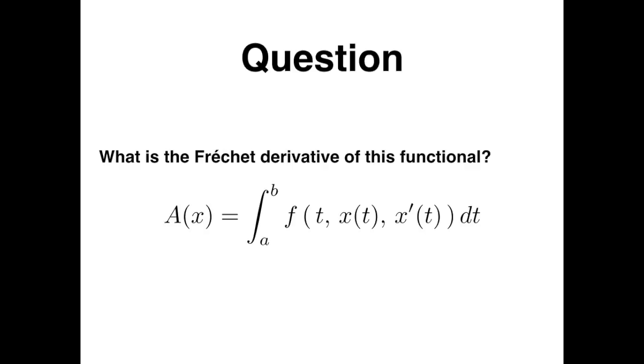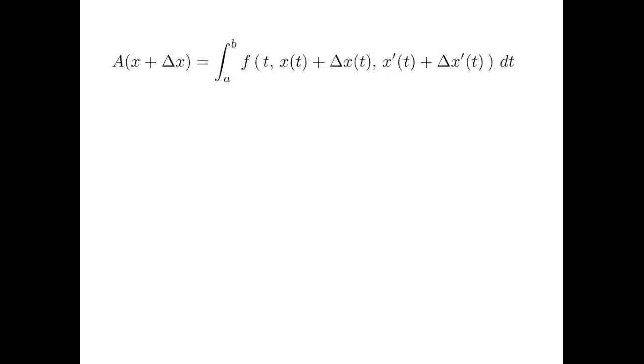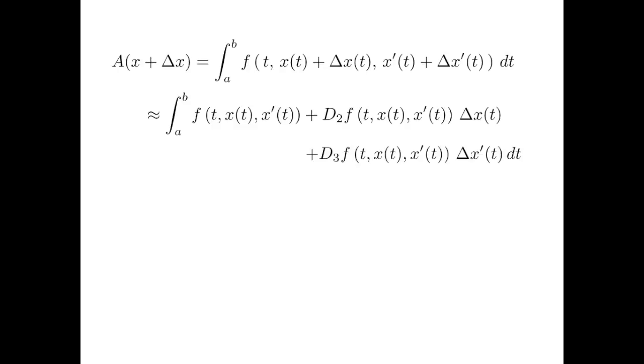Let's find out. Here we have A of x plus delta x. And what we want is this to be approximately equal to A of x plus some linear functional applied to delta x. Well, using our intuition of the derivatives from before, A of x plus delta x is approximately equal to this, where d sub 2 is the derivative of f with respect to the second argument, and d sub 3 is the derivative of f with respect to the third argument.